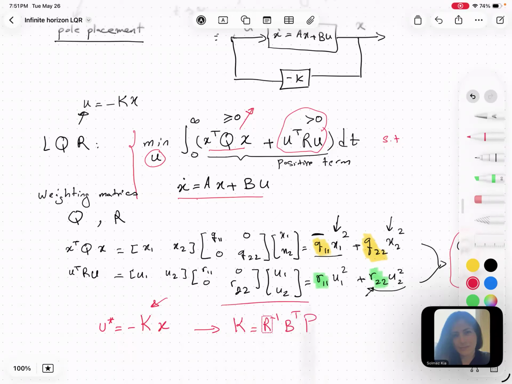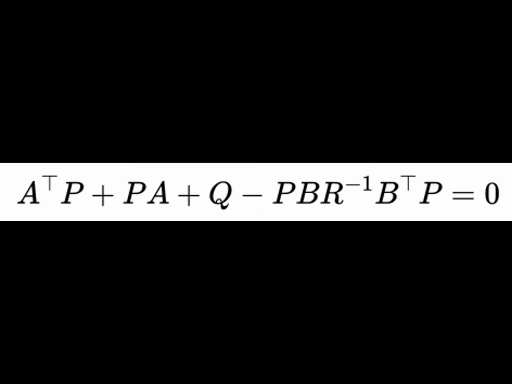So the K matrix is going to have this value, where R is the R matrix that we have in our cost, B is the control matrix, and P is a matrix that comes from solving this algebraic Riccati equation. And so this is the algebraic matrix equation.